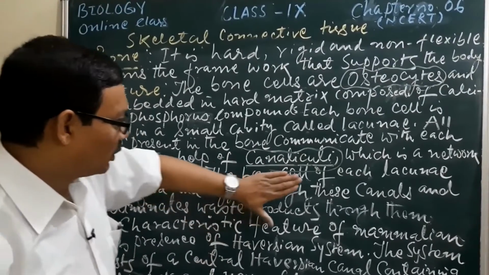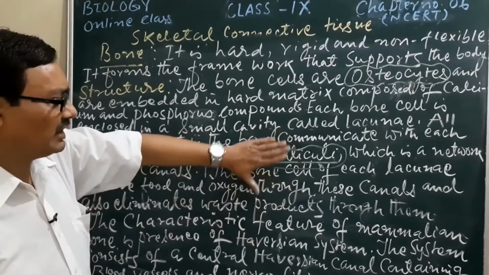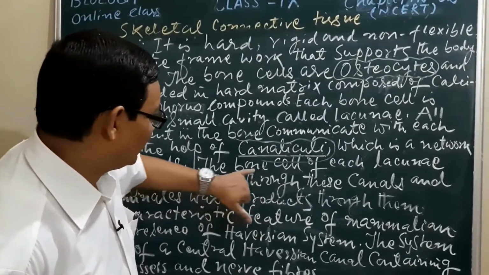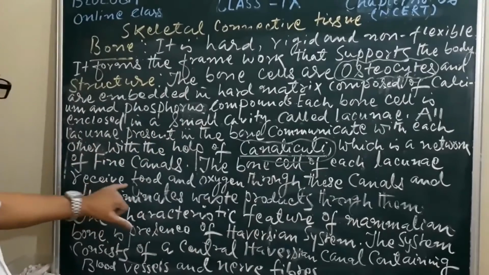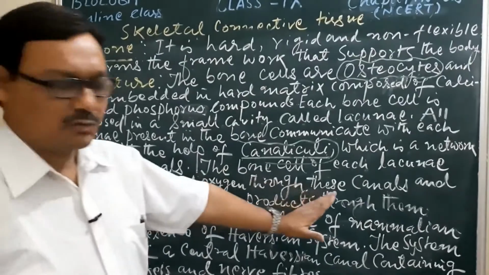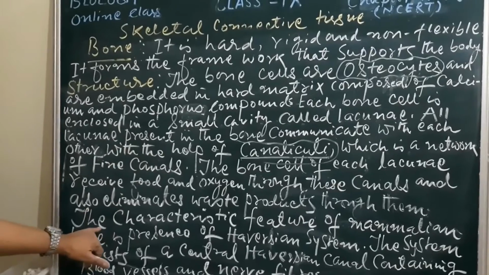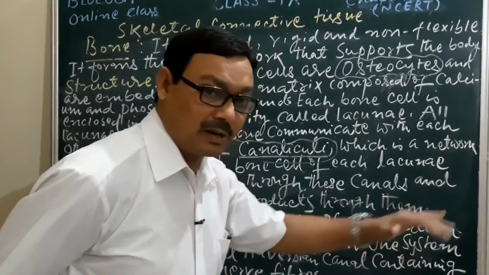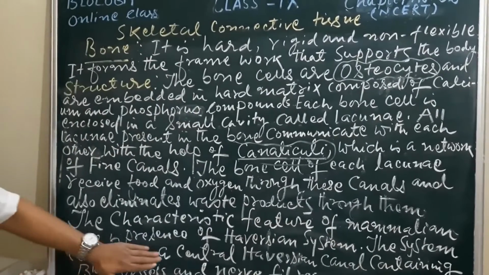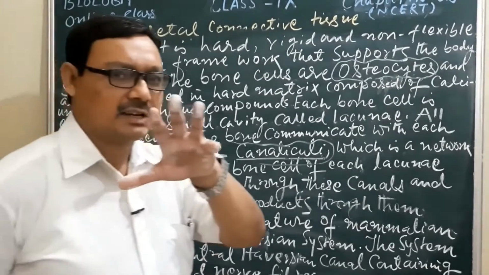The bone cell of each lacuna receives food and oxygen through these canals, and the waste materials are also eliminated by this canal system. Another characteristic feature of the mammalian bone is the presence of the Haversian system. The system consists of a central Haversian canal containing blood vessels and nerve fibers.